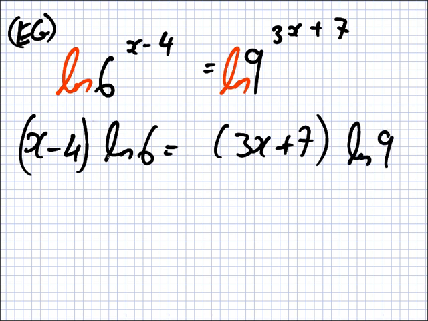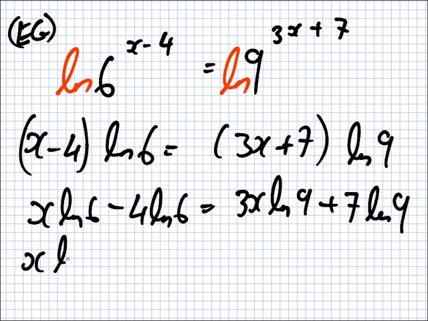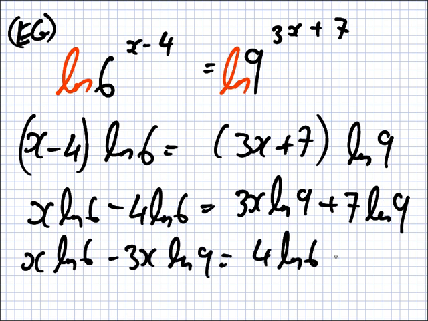I'll expand now. x times log 6 is x log 6. 4 times log 6 is 4 log 6. 3x times log 9 is 3x log 9. And 7 times log 9 is 7 log 9. Taking the x's to the left, I have x log 6 minus 3x log 9 equals 4 log 6 plus 7 log 9.